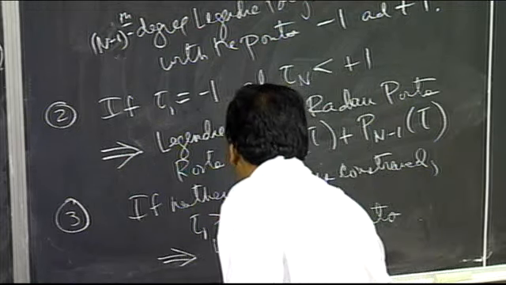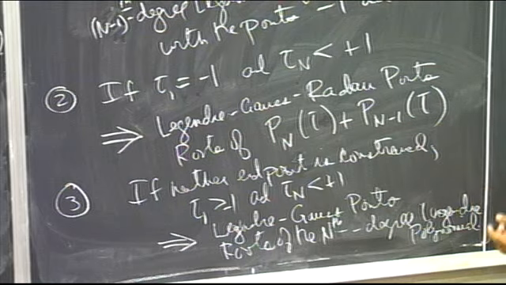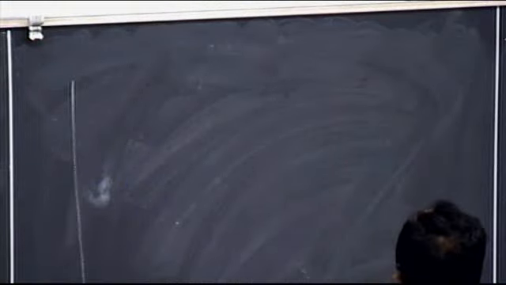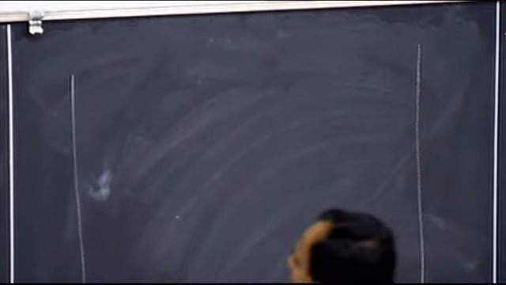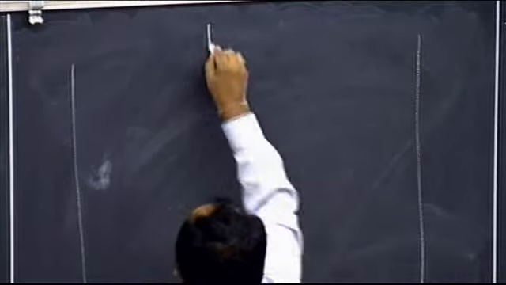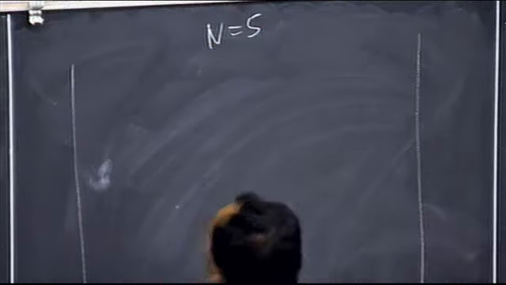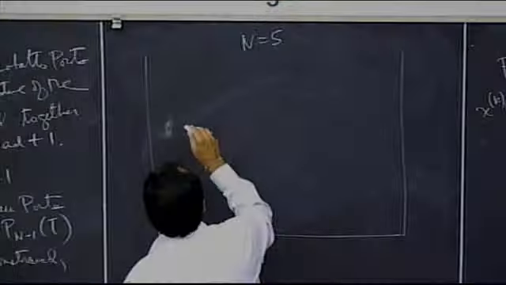Now, there's a lot you can read about these points, but what's really interesting about them is they look like this. For every value of n, there's a set of these points. So if I pick a value of n, let's just say n equals 5, what I get for the LGL points is a point at negative 1 and a point at plus 1.